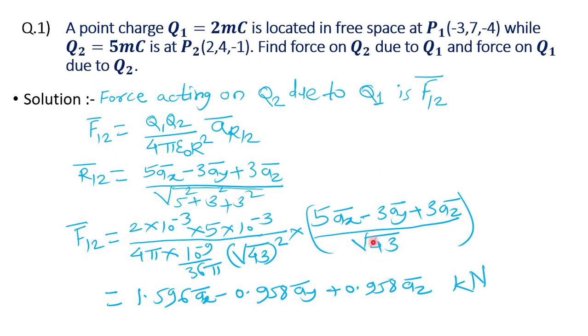If you simplify this, you will get F12 as 1.596 ax bar minus 0.958 ay bar plus 0.958 az bar. This entire thing is multiplied by 10 raised to 3. Therefore we'll write the unit as kilonewton. So this is the force on charge 2 due to charge 1.